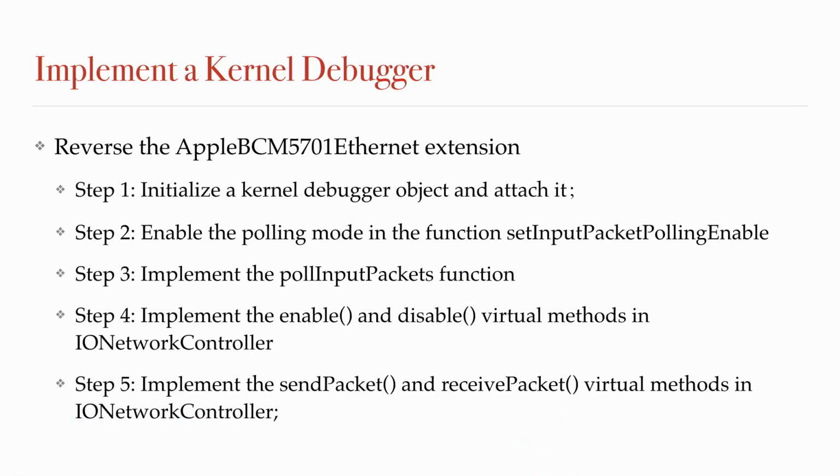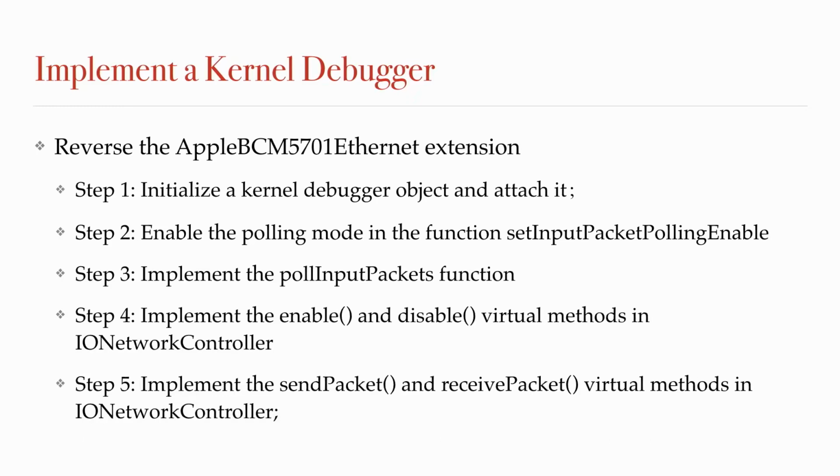After reversing the existing drivers which have already explored the KDP protocol, such as Apple BCM Ethernet, we got the following workflow. Firstly, we should initialize a kernel debugger object and attach it. Secondly, enable the polling mode and implement the pull input packet function.